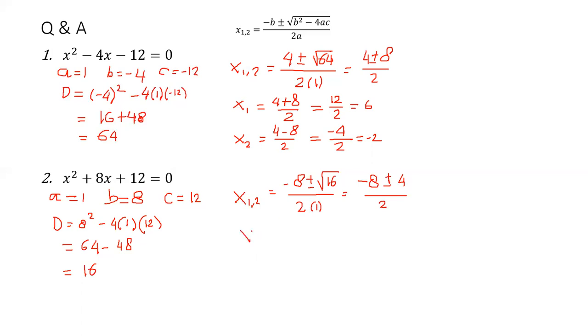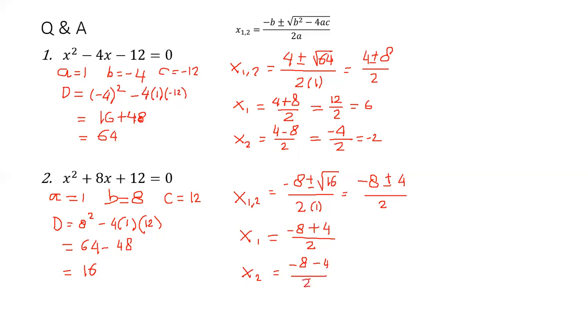It means the first x equals negative 8 plus 4 over 2, and x2, or the second x, equals negative 8 minus 4 over 2.